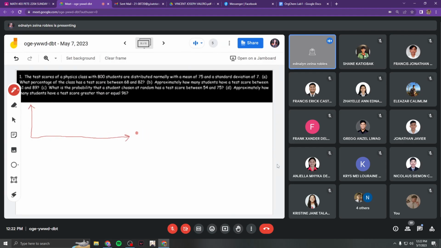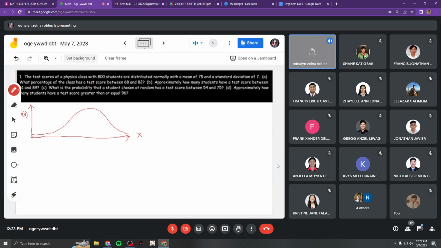At sabi natin, on a normal distribution, the graph is just like a bell-like shape. So this is our graph.